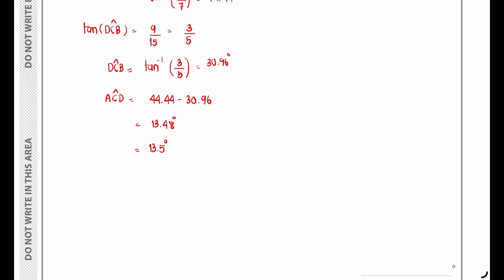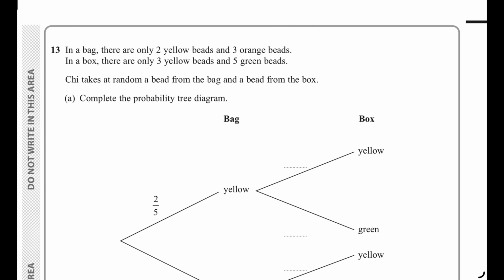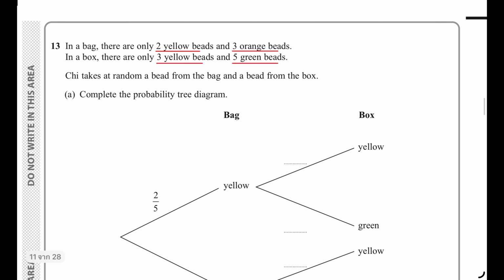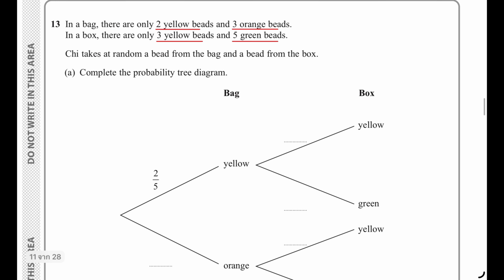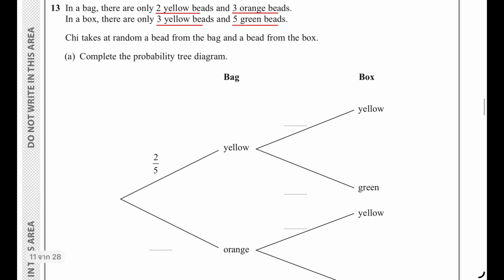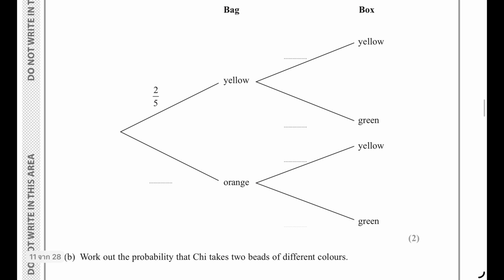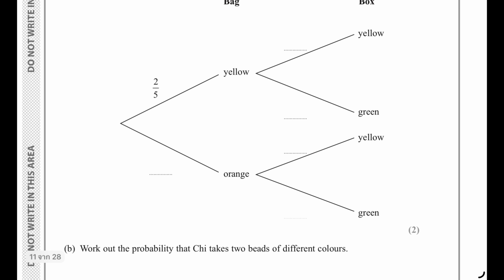13.5 degrees. Question 13. In the bag, there are only 2 yellow beads and 3 orange beads. In a box, there are only 3 yellow beads and 5 green beads. So she takes at random a bead from the bag and a bead from the box. Complete the probability tree diagram. So this one will become 3 over 5.